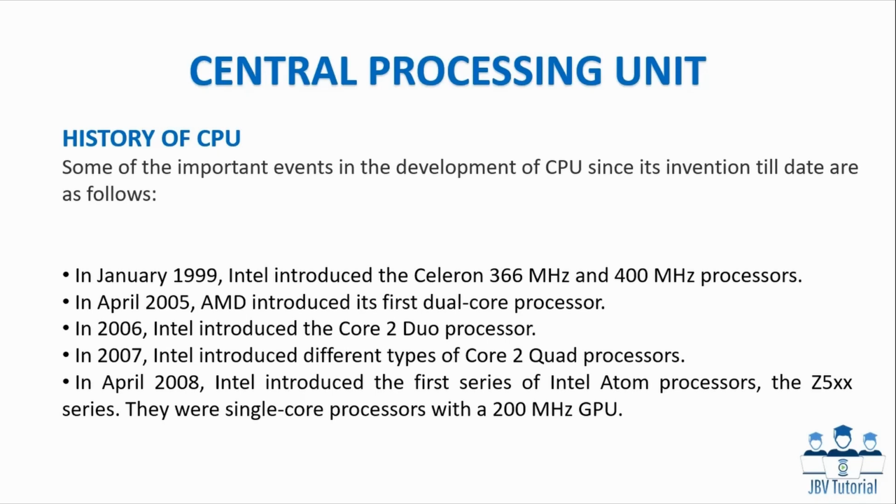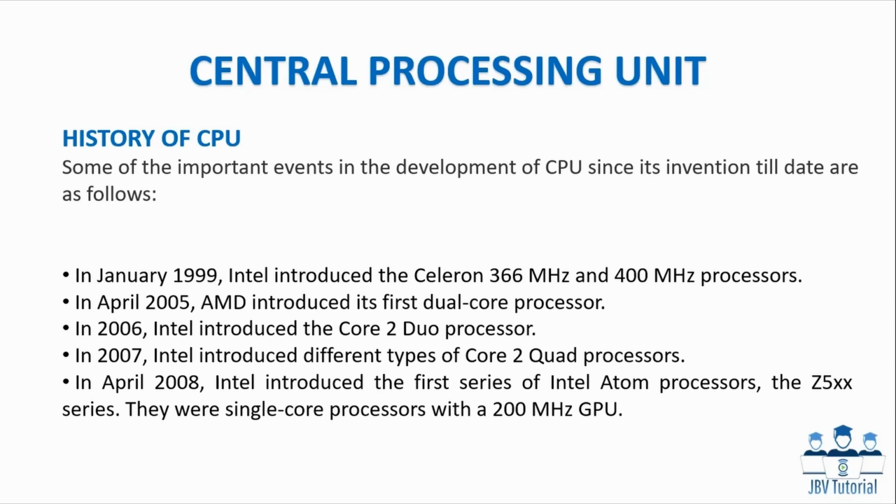In January 1999, Intel introduced the Celeron 366 MHz and 400 MHz processors. In April 2005, AMD introduced its first dual-core processor. In 2006, Intel introduced the Core 2 Duo processor. In 2007, Intel introduced different types of Core 2 Quad processors.